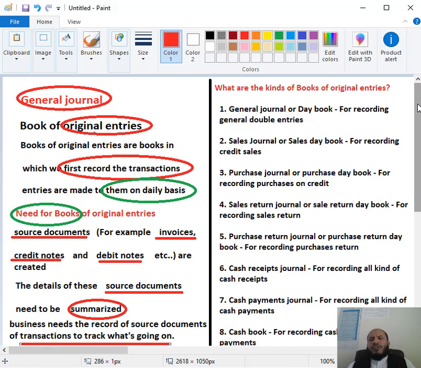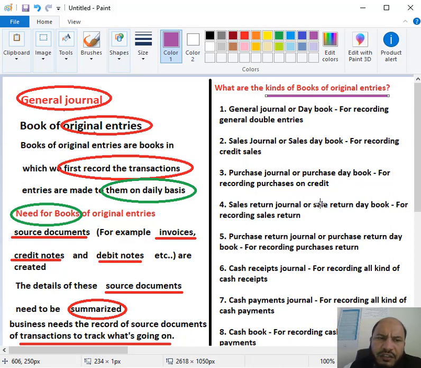Dear students, now we will explain the kinds of books of original entry: how many types of original entries, how many types of journal entries we have.